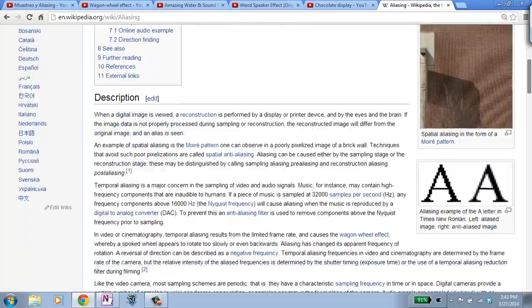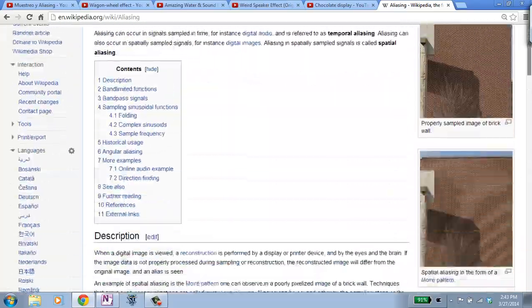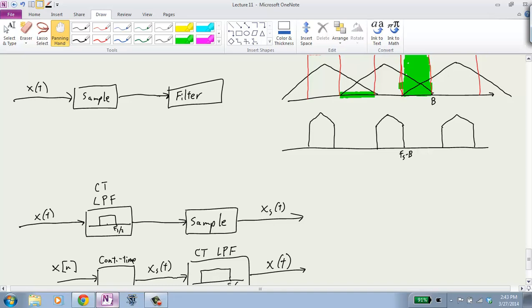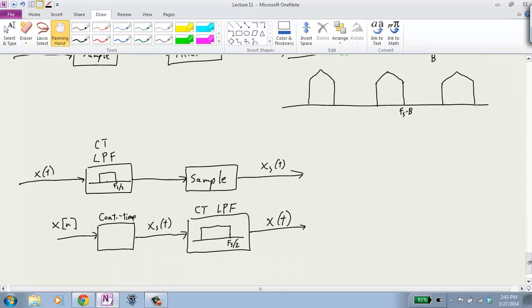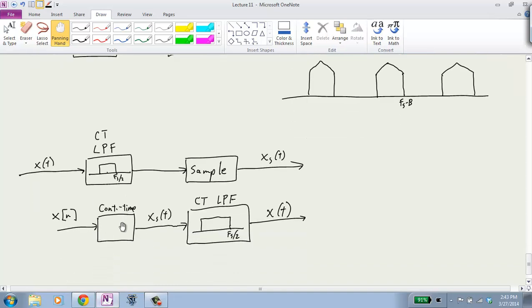In sound, to get back to the original continuous time signal that you want, the recovery is like this. You just low-pass filter. Now in this new system, you would replace that with a high-pass filter.